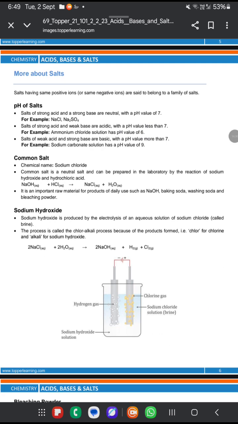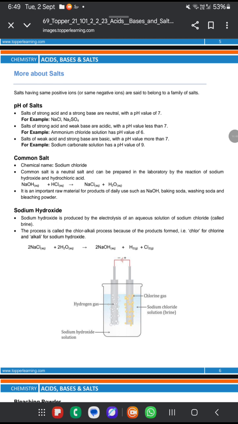More about salt. Salts having some positive ions and some negative ions are said to belong to a family of salts.